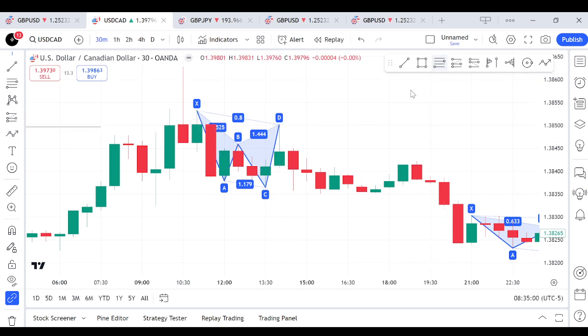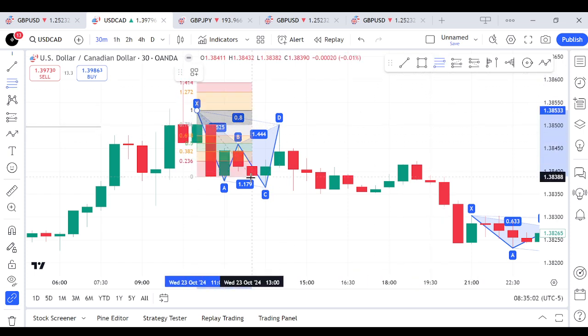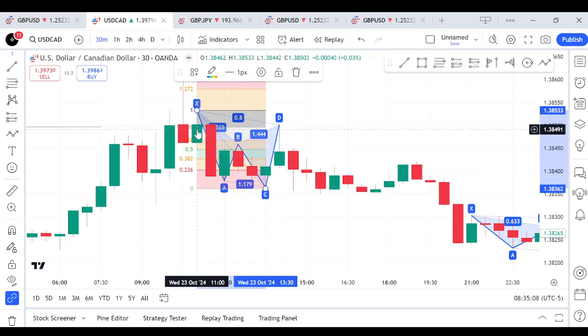And if you want to measure this, you're going to see that X to C, and D falls perfectly with the 78.6% Fibonacci ratio, or the 0.786, any one you want to call it.